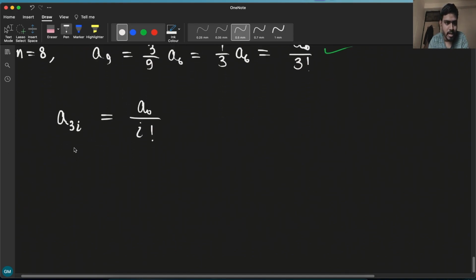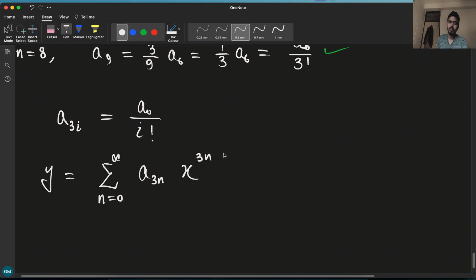So what we have is basically that the solution y will be the sum over n equals 0 to infinity of a(3n) times x to the power 3n. I don't want to confuse at this moment, x to the power n.